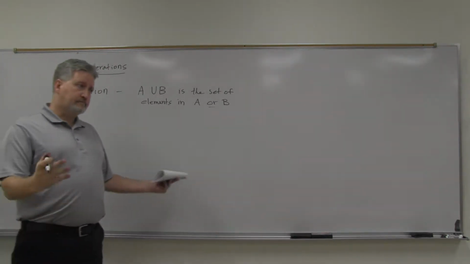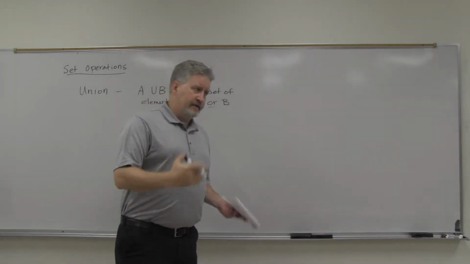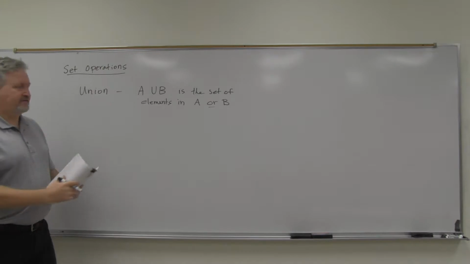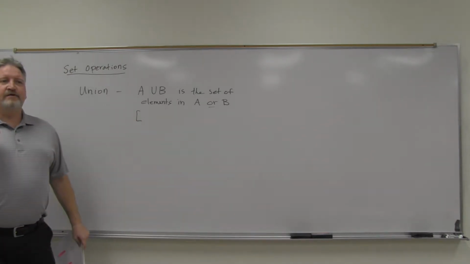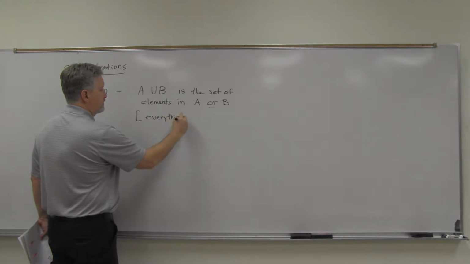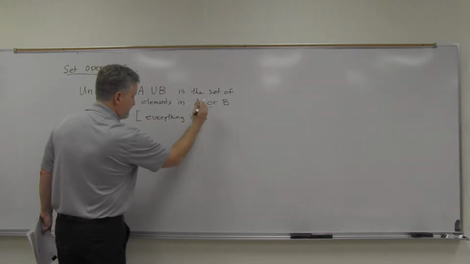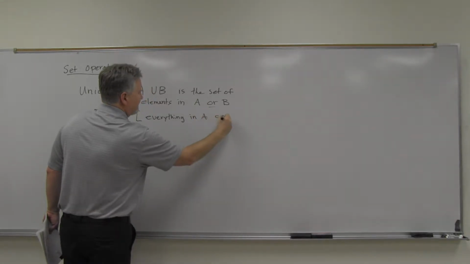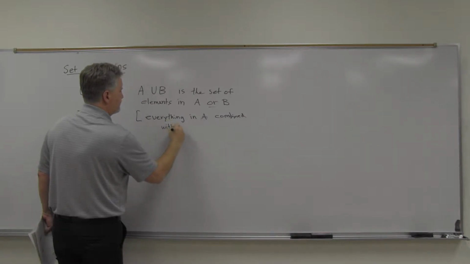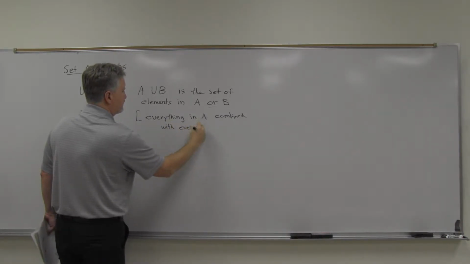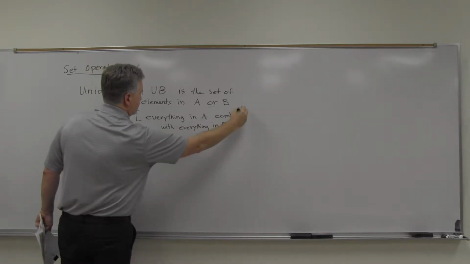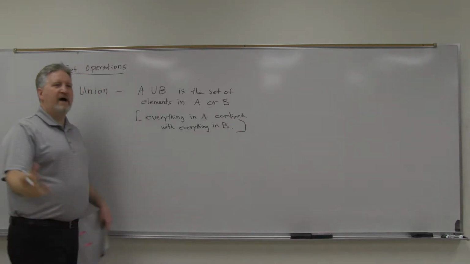Now, you may have a little bit of question about that word, but here's what it means. Another way to put it, A union B is everything in A combined with everything in B. So you're combining the two together.